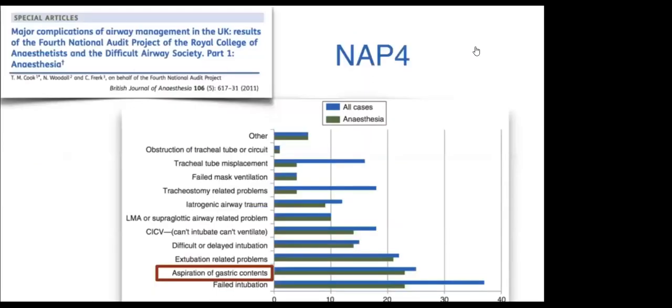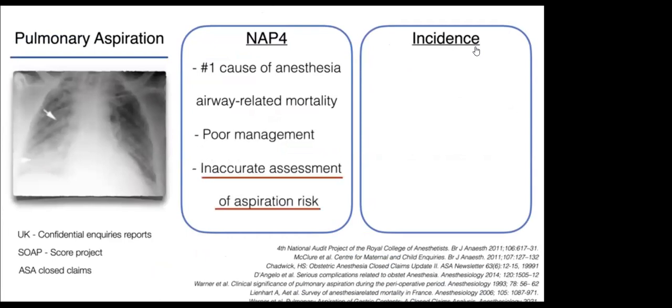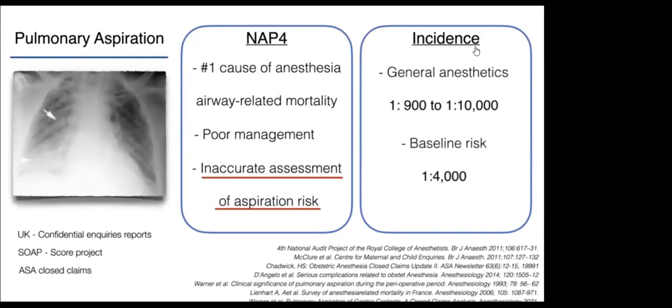The NAP4 major complications of airway management in the UK showed that aspiration of gastric content was still an issue as the first cause of anesthesia airway-related mortality with poor management, and a very interesting finding was inaccurate assessment of aspiration risk.